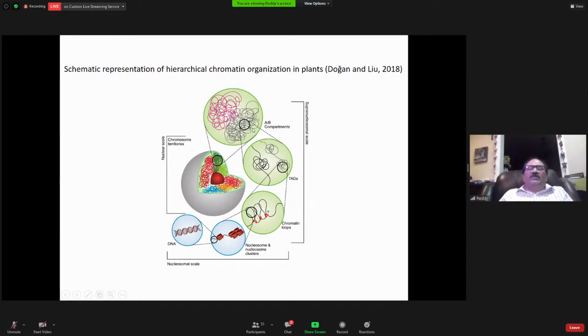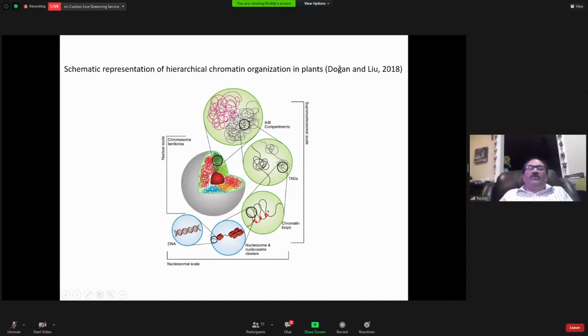Sometimes these topologically associated domains will have two components: heterochromatin and euchromatin. That may be too much molecular biology for some of you, the policy makers, especially vice chancellors, and the students here.